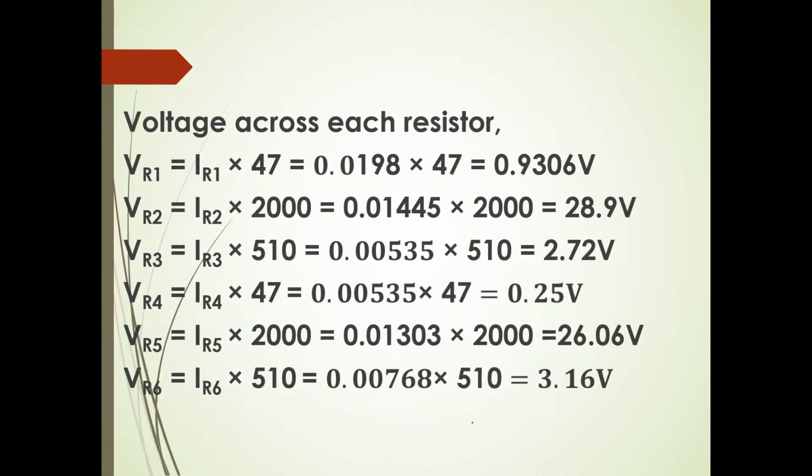So we have determined the voltage drop across each resistor. Earlier we determined the current flowing through each resistor. Now we have the voltage drops and currents for each resistor, so we can determine the power absorbed by each resistor from this data.